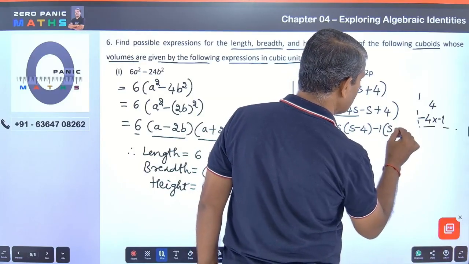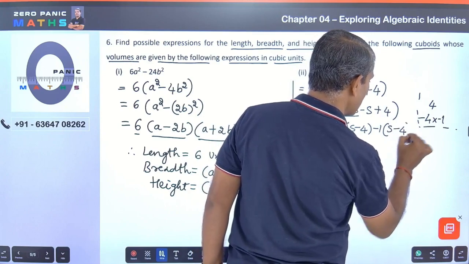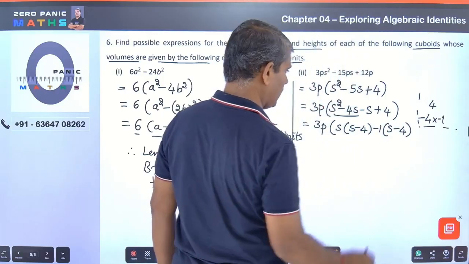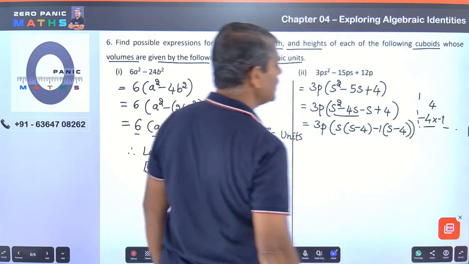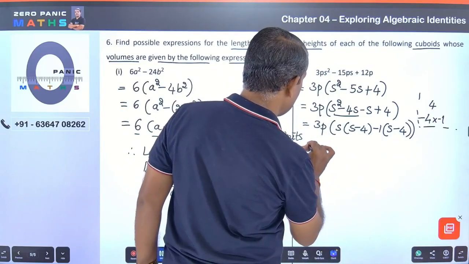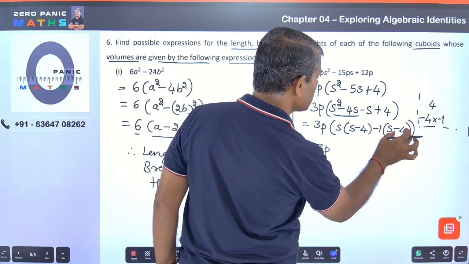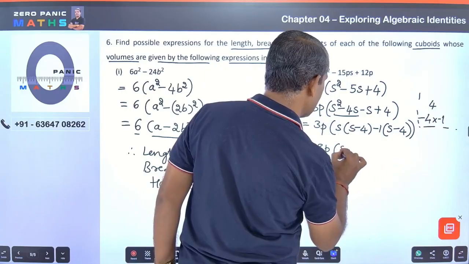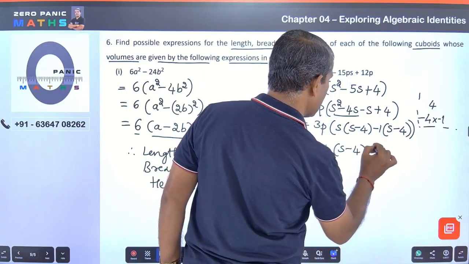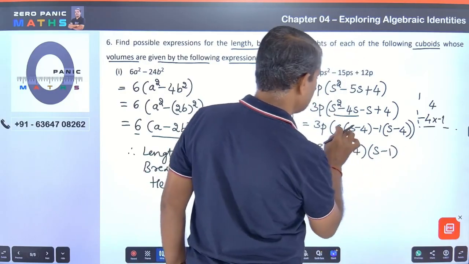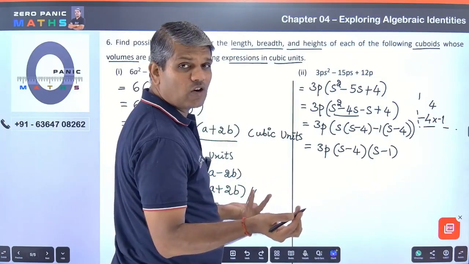I want a 4 here, so I write minus 4, that is minus 1 into minus 4, plus 4. Again, keep 3p as it is, and take s minus 4 as common, leaving s minus 1 inside the bracket. So we got three factors.